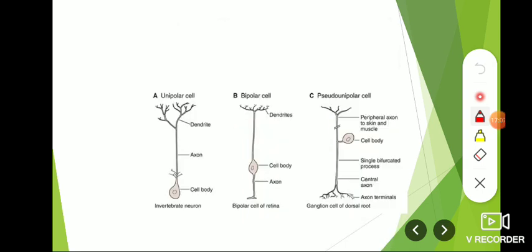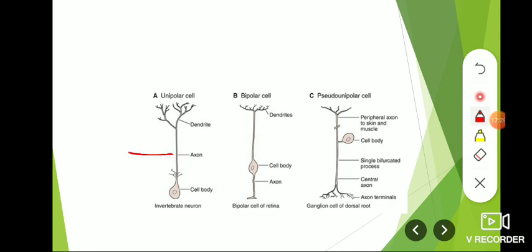Now these are the anatomically different types of neurons. Some are unipolar, having only one pole. Some are bipolar, having two poles, like in the case of the retina. Some are pseudo-unipolar. So these are the anatomical classifications actually. Functionally, we believe in only two: sensory, motor, and a third, interneuron, and one is based on myelination.